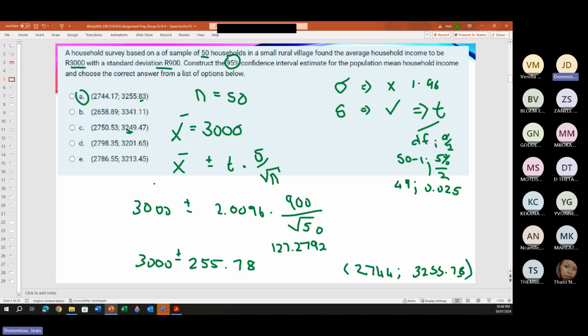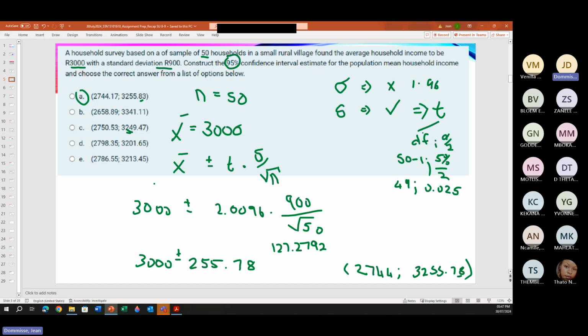Nowhere in this did they tell us we know what the population standard deviation is. So we don't know, so we assume that we're working with a sample standard deviation. Because it's a sample standard deviation, we work with a t.